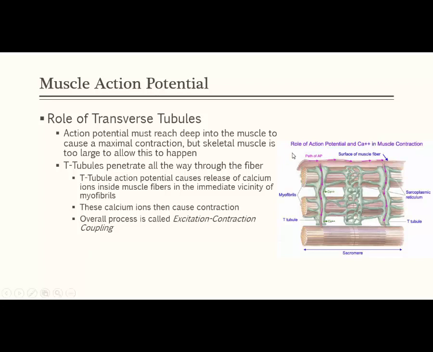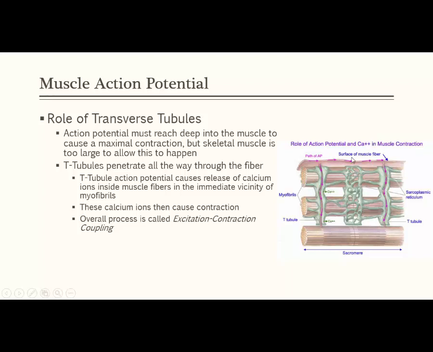Now, back when I showed you the picture of the anatomy of the kind of progressive fibers from the actin and myosin filaments to the myofibrils to the muscle fibers to the bundles to the muscles, I told you to pay attention to these little tubes that were running around the myofibril.